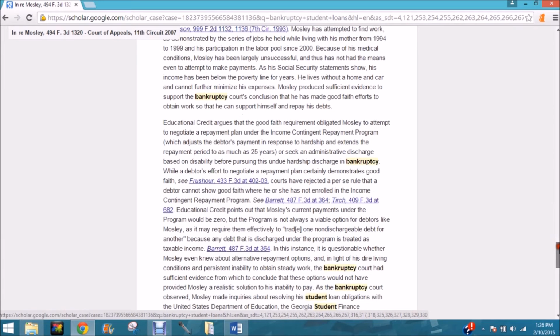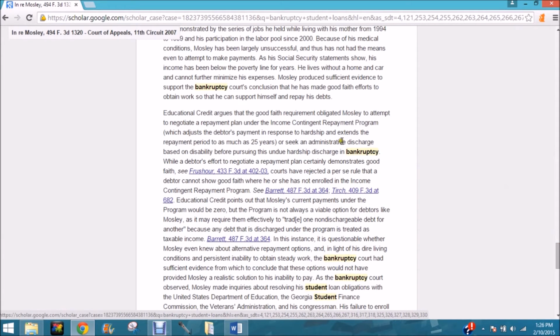And now, here's another one: they said that he was supposed to negotiate a repayment plan under the Income Contingent Repayment Program, the ICRP, which extends repayment periods to as much as 25 years, okay, or seek an administrative discharge. So the 11th Circuit is going to reject that rule just because you didn't sign up for the ICRP.